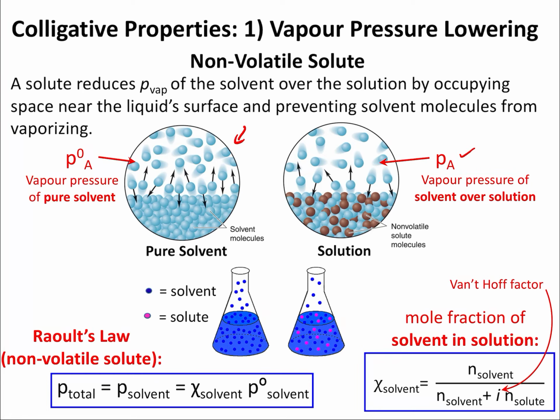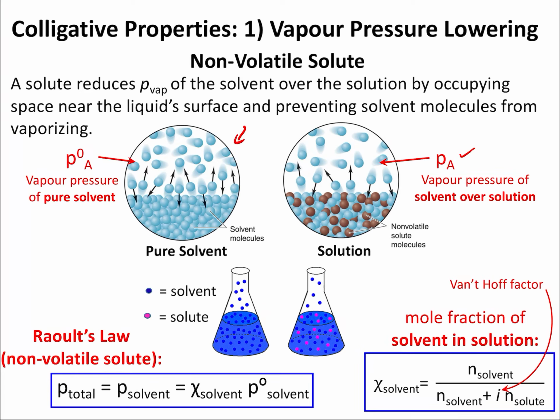The way you can think about it is for something that's not at its boiling point and it's evaporating. We said evaporation is a surface phenomenon, that it's molecules at the surface that are going to be entering and leaving solution. So if you dissolve something in there, one way to think about it is that some of the particles at the surface are not the solvent particles themselves, but in fact the solute particles.